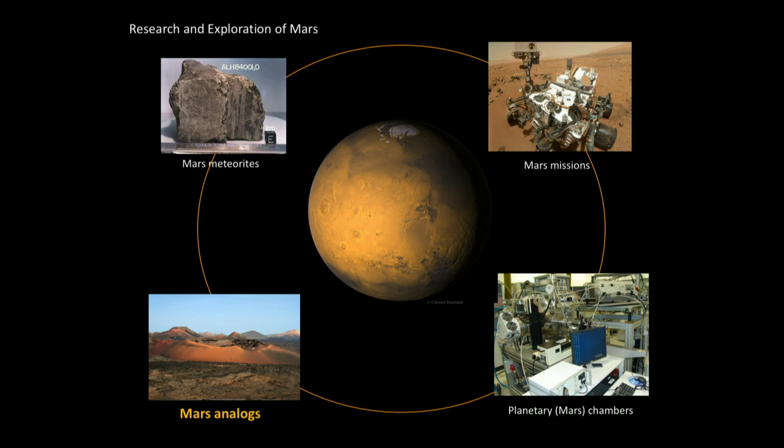This is a picture of the chambers area of the CAB, the Centro de Astrobiología in Spain, in which we can simulate the features on Mars, introducing CO2, introducing material, and making some analysis simulating that we are on the surface of the red planet.